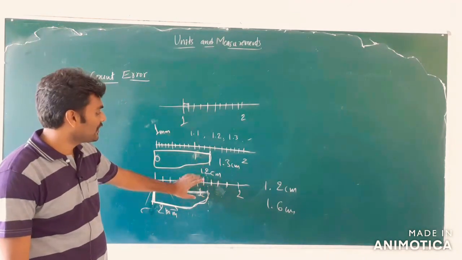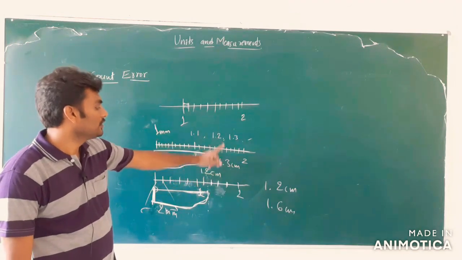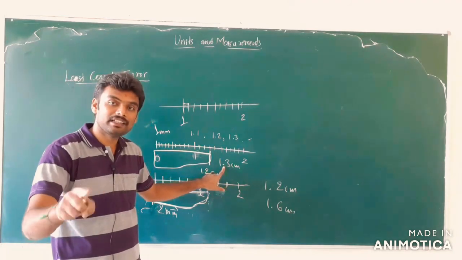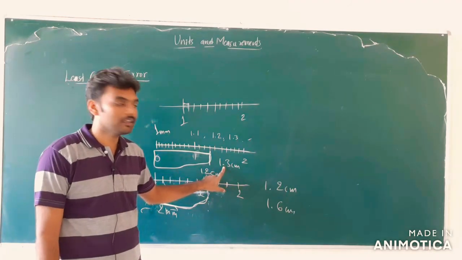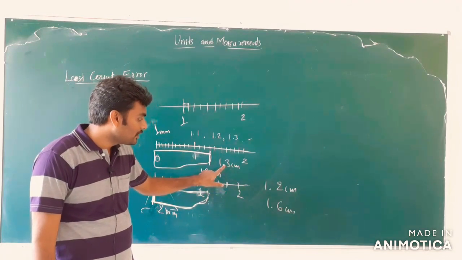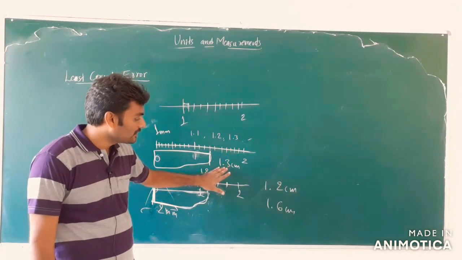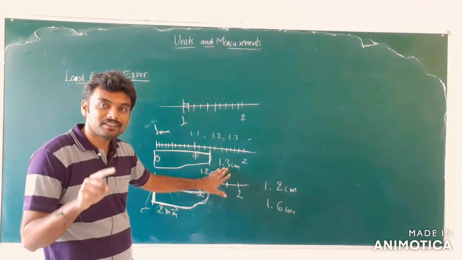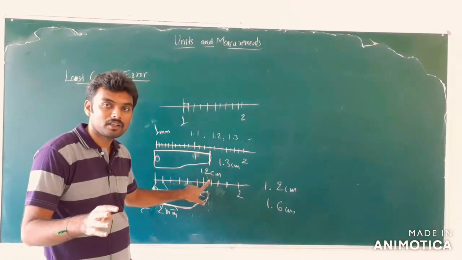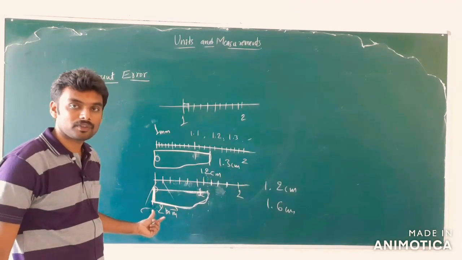If I measure the same object using the scale, the length that I get is 1.3 centimeter, and that is more accurate, with very less error compared to the tape, because the tape has more least count.